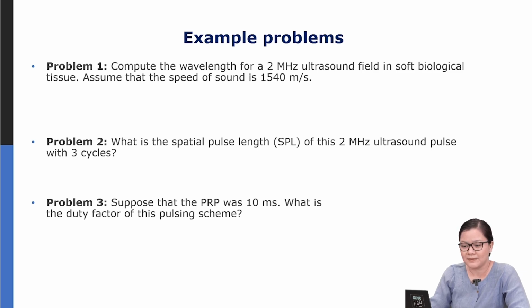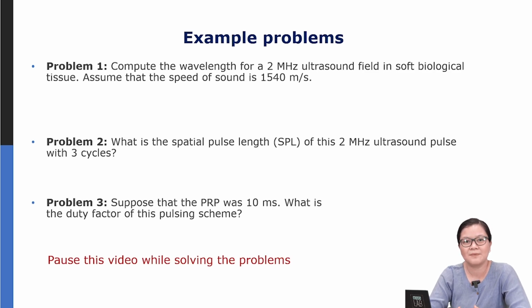In the second problem, we ask, what is the spatial pulse length of this 2 megahertz ultrasound pulse with 3 cycles? You can use the same information from the previous problem as well. And in the third problem, suppose that the pulse repetition period, PRP, was 10 milliseconds. Now, what is the duty factor of this pulsing scheme? So here you can pause this video to attempt the problems.